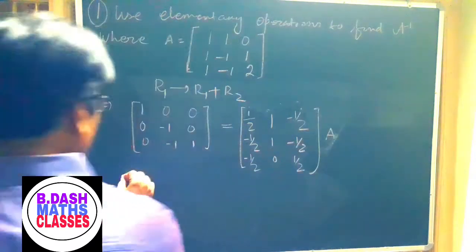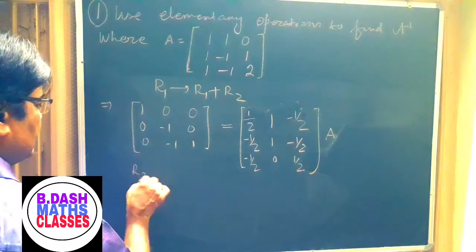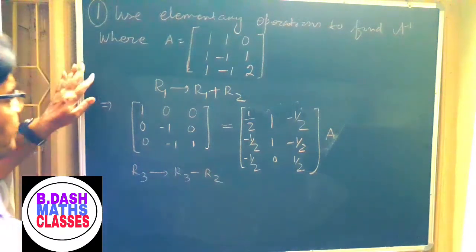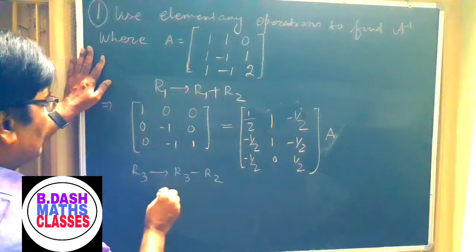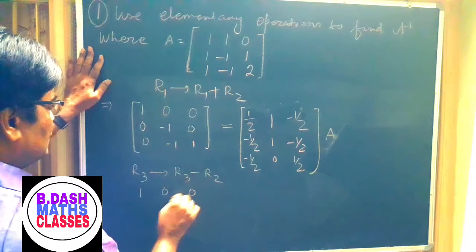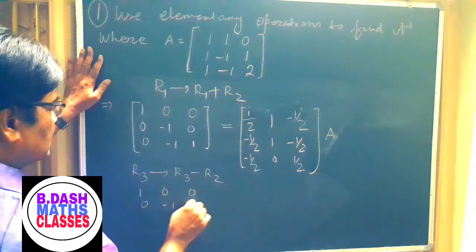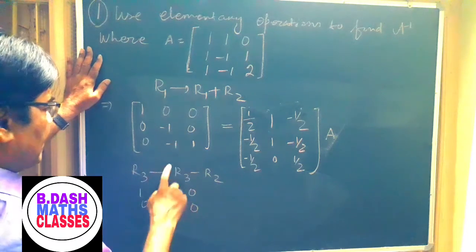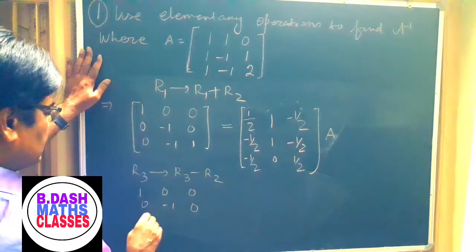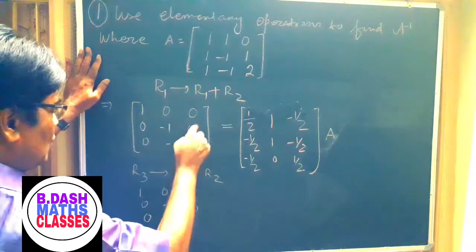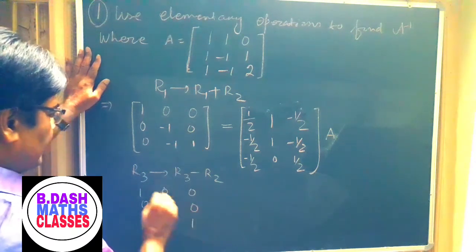Now row 3 is replaced by row 3 minus row 2. So it will give you 1 0 0, 0 1 0. Row 3 will be replaced by row 3 minus row 2: 0 minus 0, 0; minus 1 plus 1, 0; 1 minus 0, 1. We are getting this.